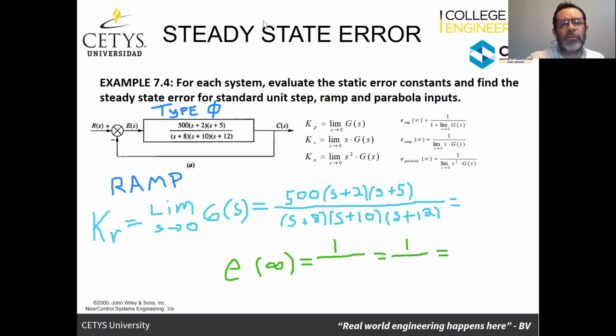Now we're going to talk about the ramp, and the difference with the constant of the ramp is that we've got the KV, which is the one associated to the velocity.